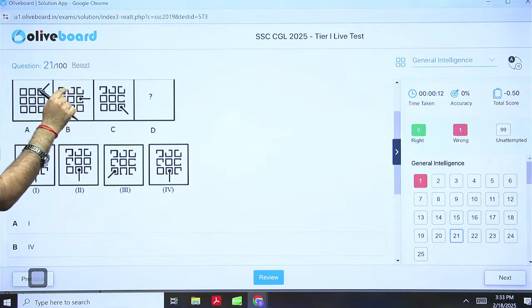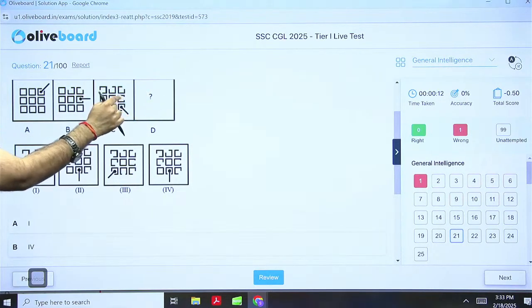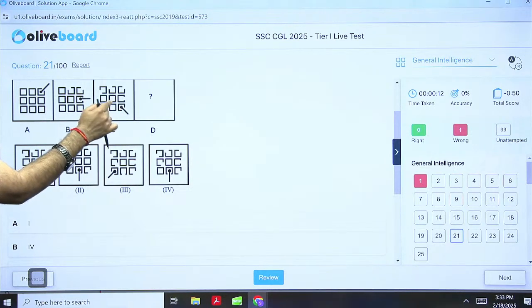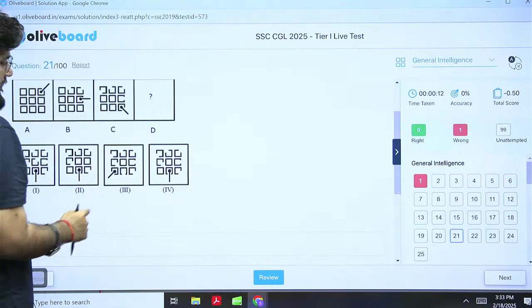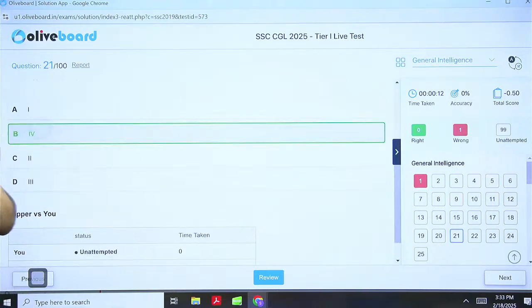So places are becoming empty in this direction and also in the direction in which this is moving. Technically when it comes here, this will also remain empty. So apart from this one corner, all the other external corners will remain empty in this direction, which is only happening in figure 4 and nowhere else. So option B, figure 4 is your right answer.